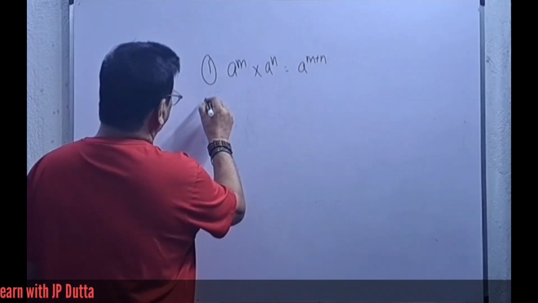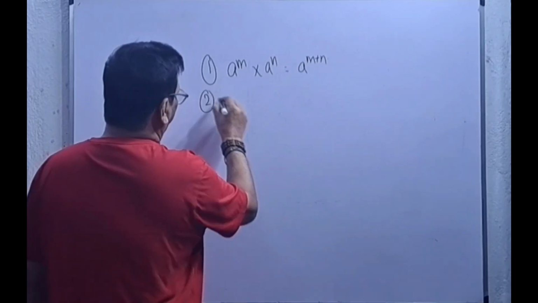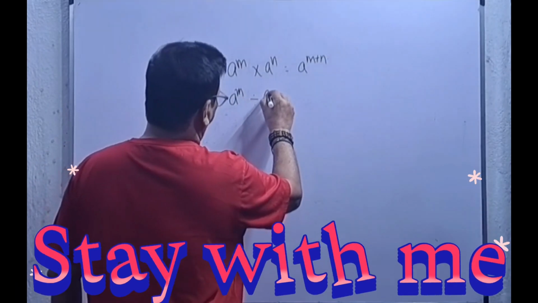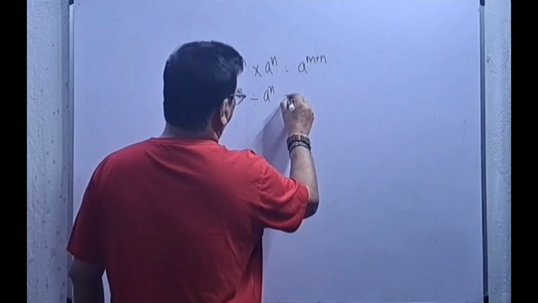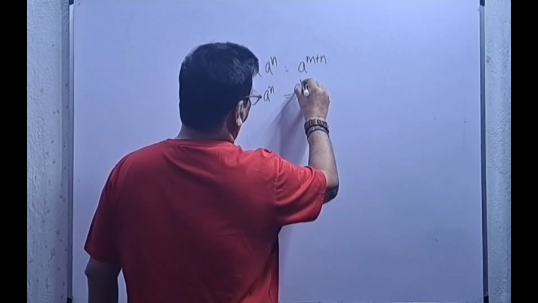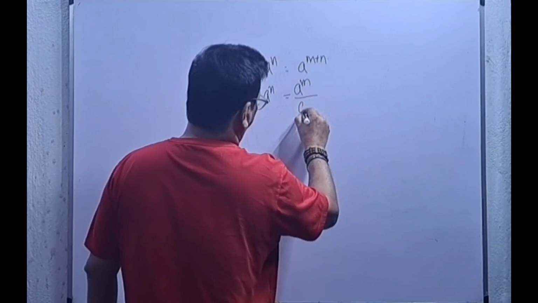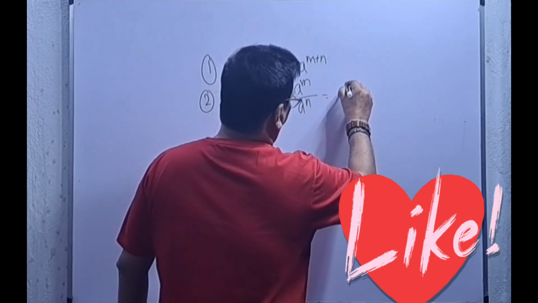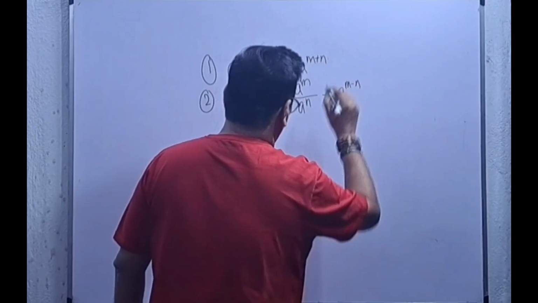Right? The second rule I gave, a to the power of m divided by a to the power of n is equal to a to the power of m minus n.